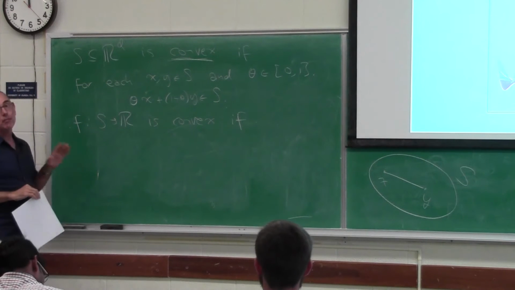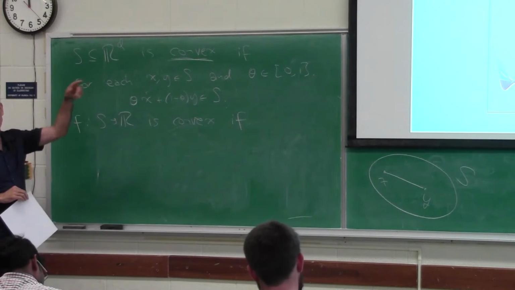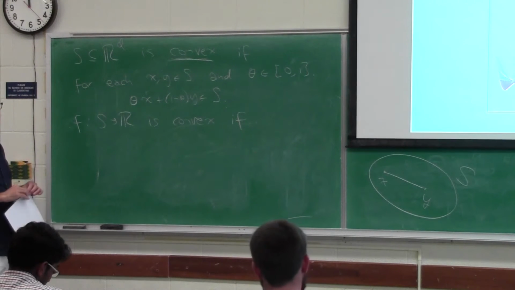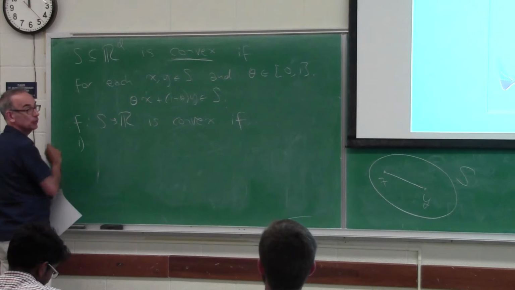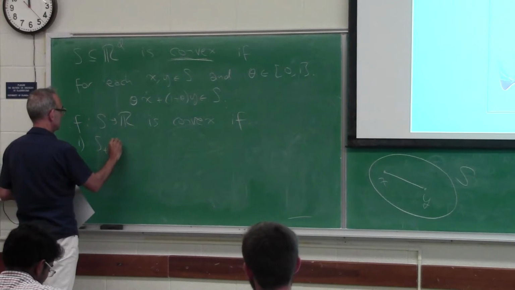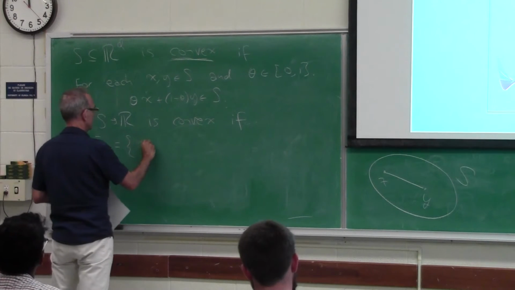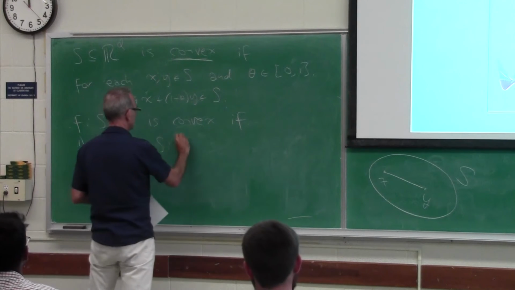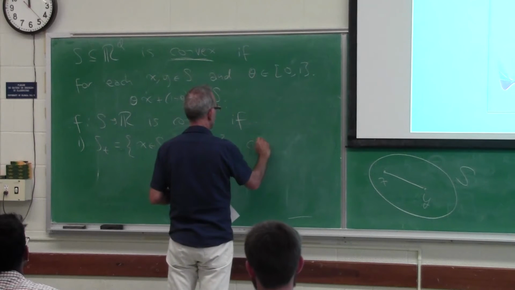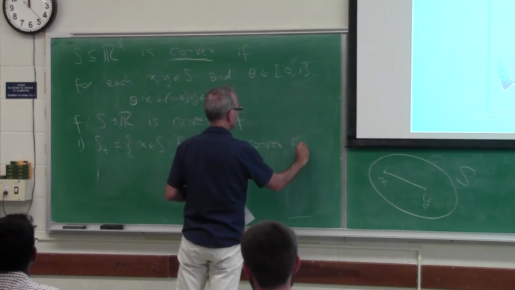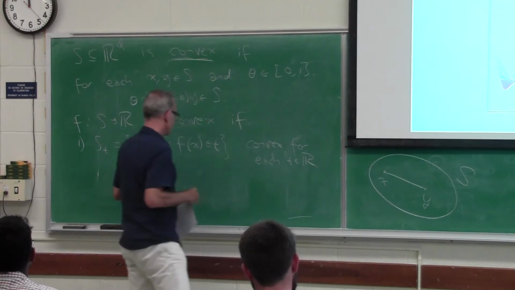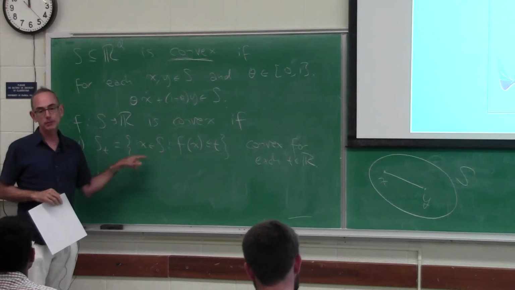For a function, there are 1 million definitions, and all of them mean that a function is convex if its graph is bowl-shaped in some sense. One abstract definition which is useful is you define another set, called a sublevel set.